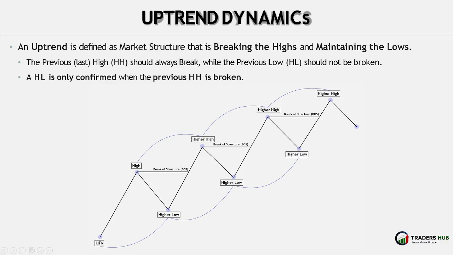You can see that every time we print a higher low and a higher high, the high is what is being broken, but the low or higher low is what is maintained. Whenever you see a high being broken and the low being maintained, you can definitely know that this is an uptrend.